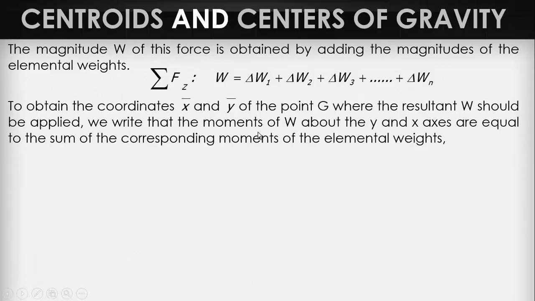So to obtain the coordinates x bar and y bar of the point G, where the resultant W should be applied, we write that the moments of W about the y and x axes are equal to the sum of the corresponding moments of the elemental weights. So the moment of W about the x and y axes will be equal to the sum of the moment of this elemental weight plus the moment of this one, and so on up to the last elemental weight.